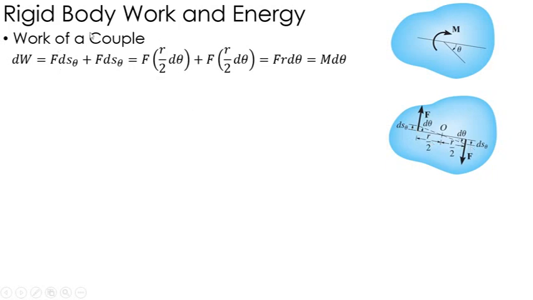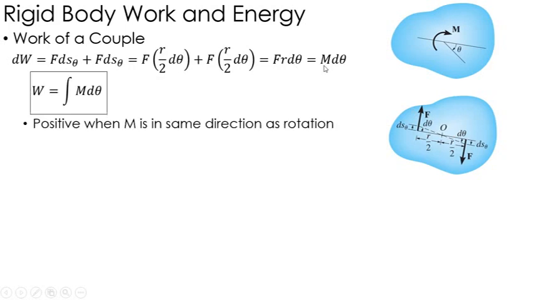Okay, so I can write the work of that couple moment as just each of the forces times each of their displacements, as shown here, and they're going in the same direction, where the displacement is just the arc length r over 2 times d theta, shown here and here. Adding those together, I just get F r d theta. Well, F times r, by definition, is what the couple moment equals, so I get M d theta.